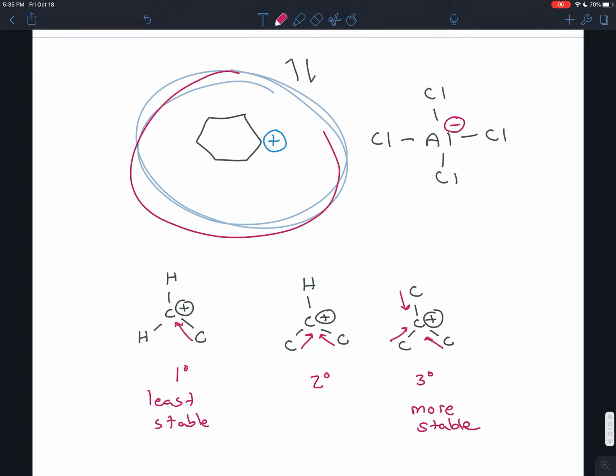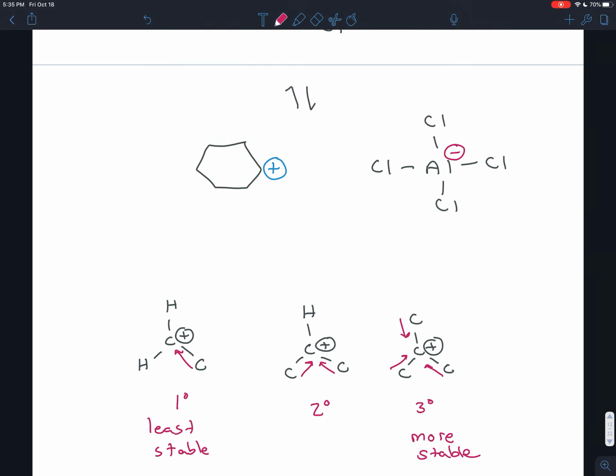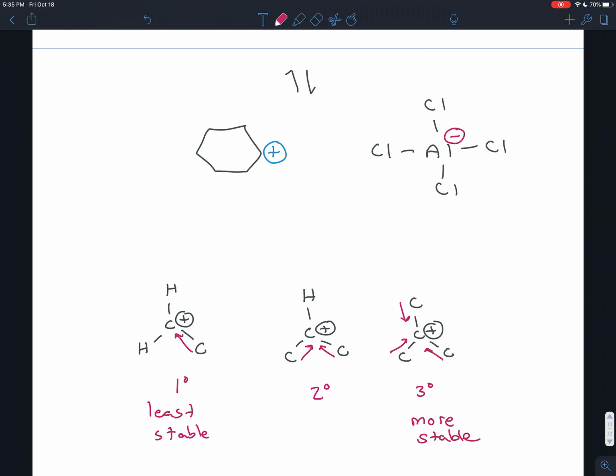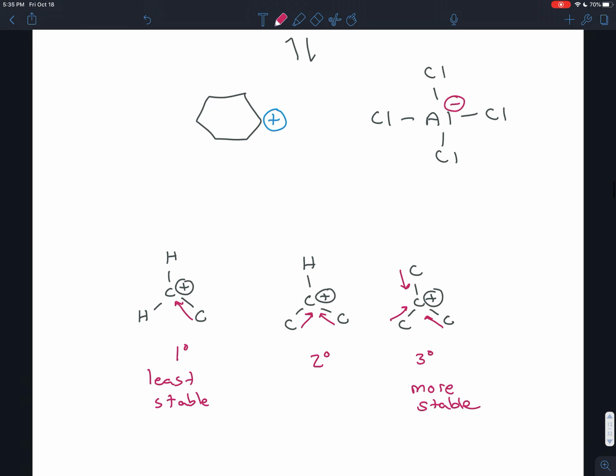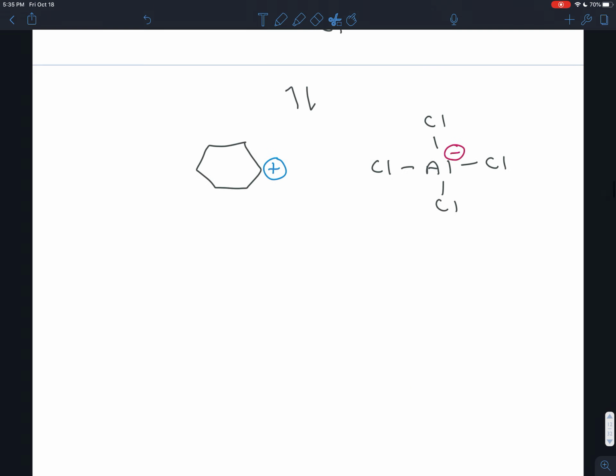So this is something you have to consider in this reaction, this Friedel-Crafts alkylation reaction that we're doing. Anytime you form a carbocation, you have to worry about the carbocation rearranging. So we'll see an example of that in a couple mechanisms from now, not in this mechanism. For this one, this carbocation, if you look at this, is secondary.